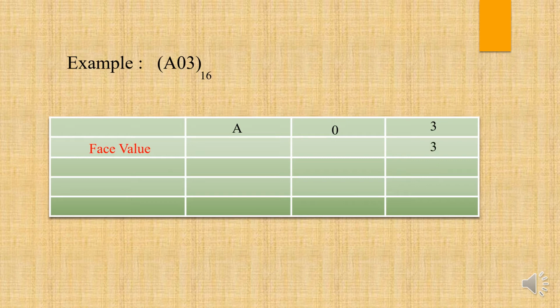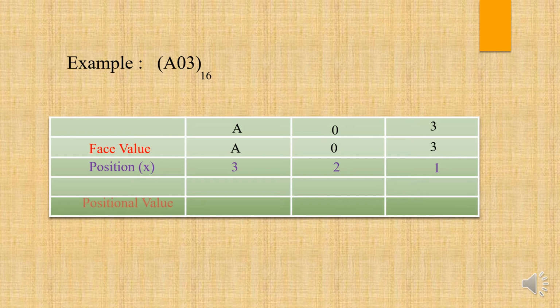So here for 3 it would be 3, for 0 it would be 0, and for A it would be A, right? Now position. Once again I will write down the position of all the digits starting from the right-hand side. So for 3 it is first position, then second position, and for A it is third position, right?